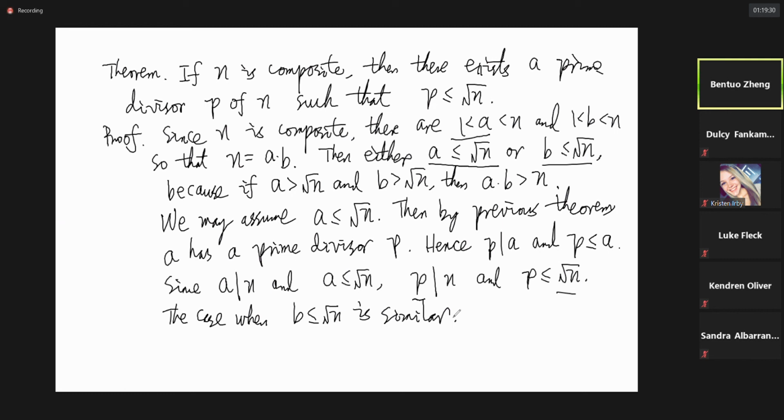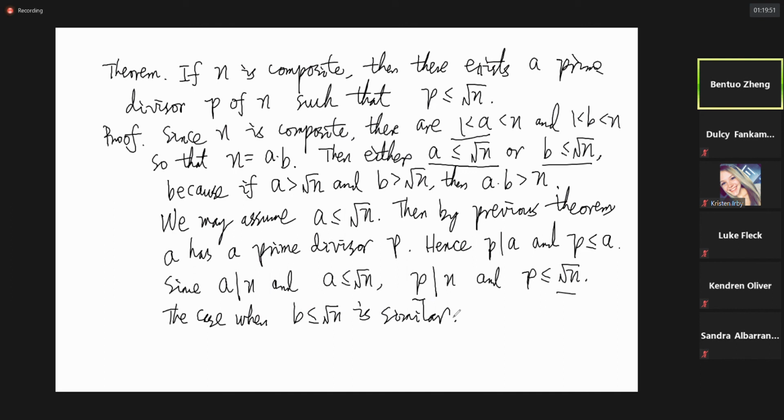All right, so this strengthening of the theorem is very useful, especially when you try to decide whether a given number is a prime or not. So here is the application.